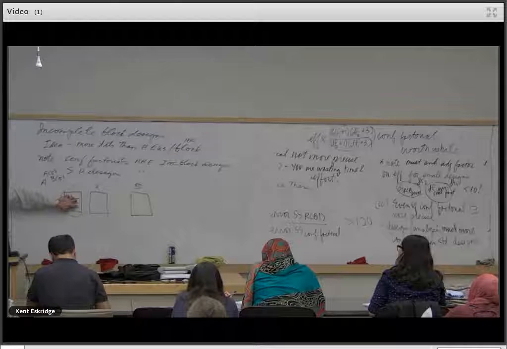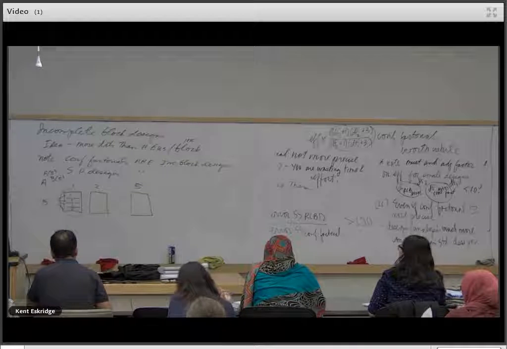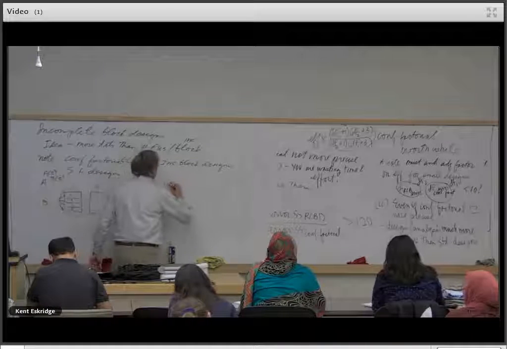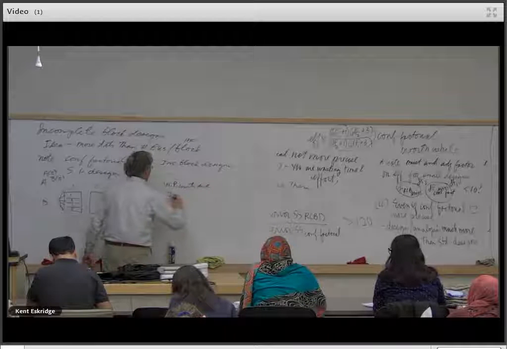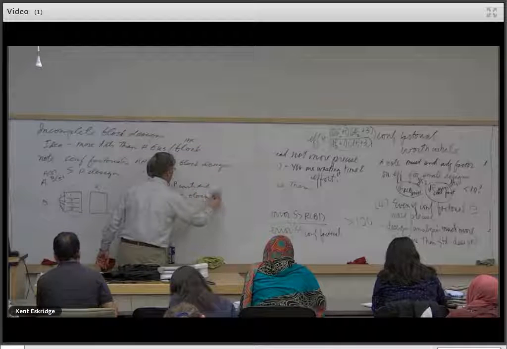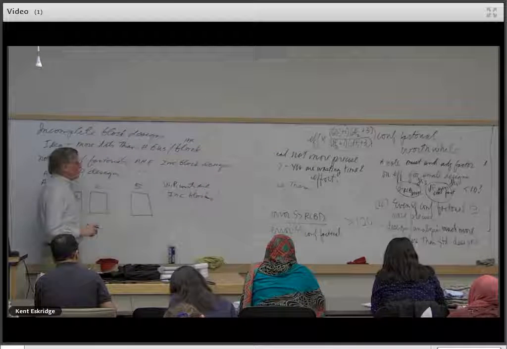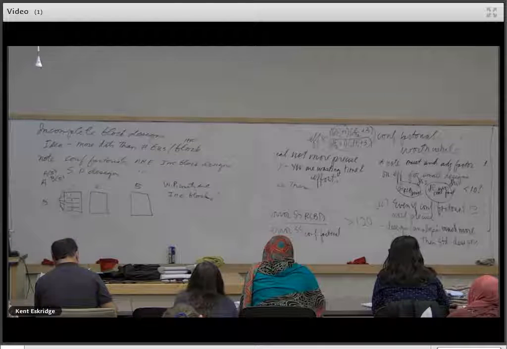So what are the incomplete blocks when you think about split plot design? They're the whole plot units. So the whole plot units are the incomplete blocks. So we've been dealing with split plots inside of the incomplete block design.